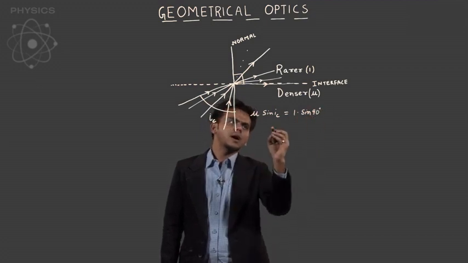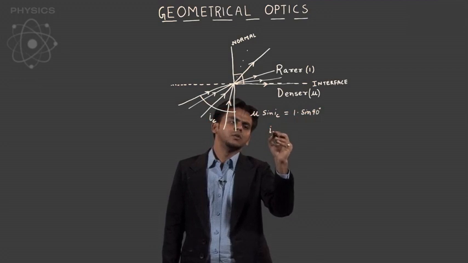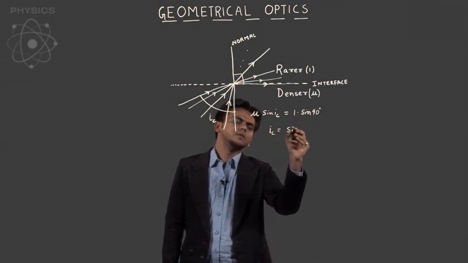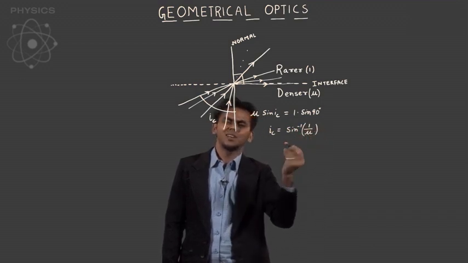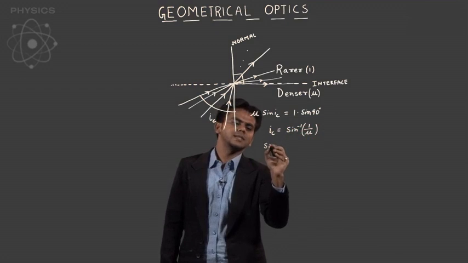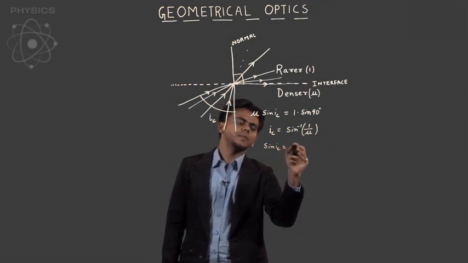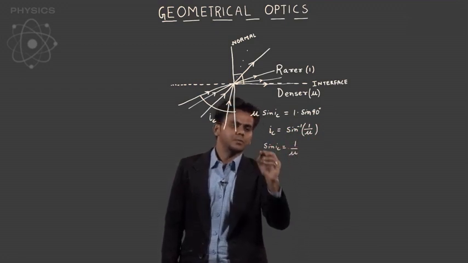So your IC becomes simply equal to sine inverse of 1 by mu. Or in other words, in simpler words, your sine IC is equal to 1 by mu.